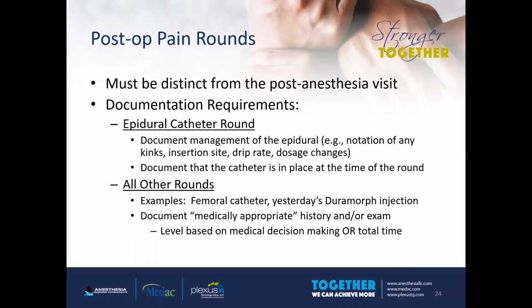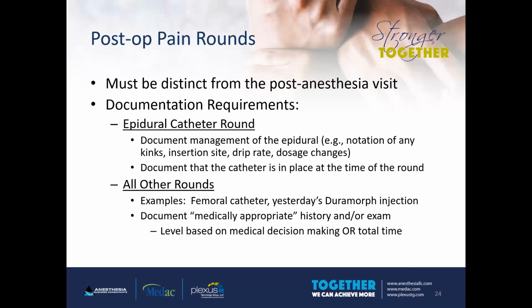As far as any other type of pain round, such as a femoral catheter or yesterday's Duramorph injection, then you're going to be wanting to document an evaluation and management service, specifically a subsequent hospital care service. It's sort of like a doctor visit that you're documenting, where you're documenting things such as a history, an exam, remembering that the level that will be billed out is going to be based on the medical decision making or total time.